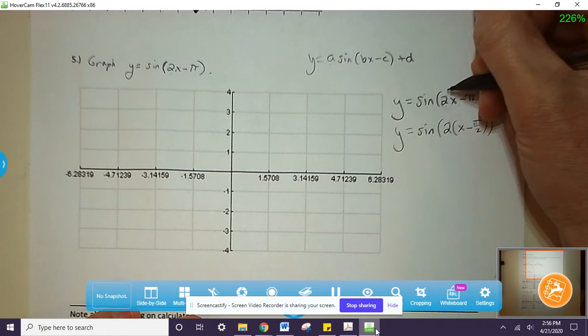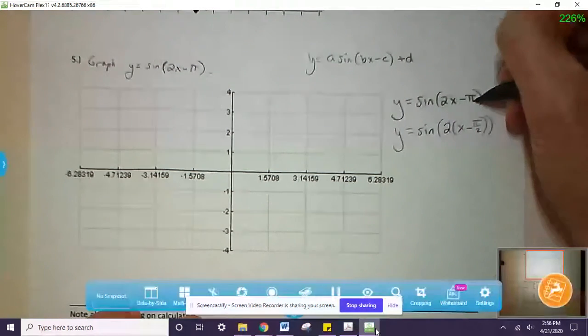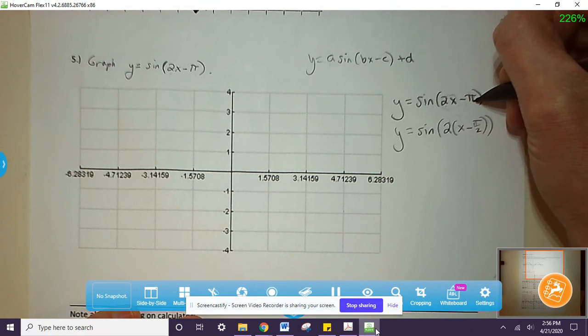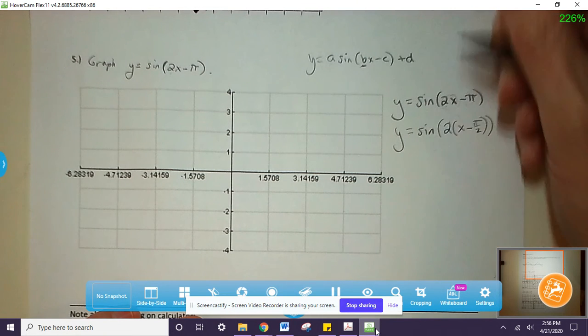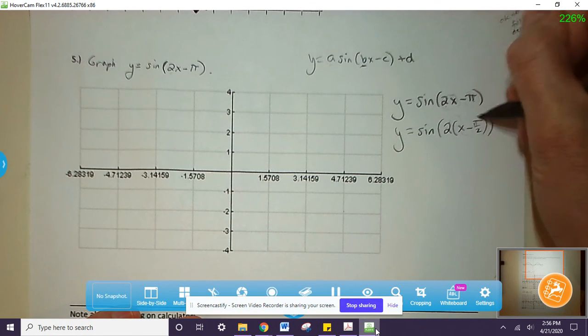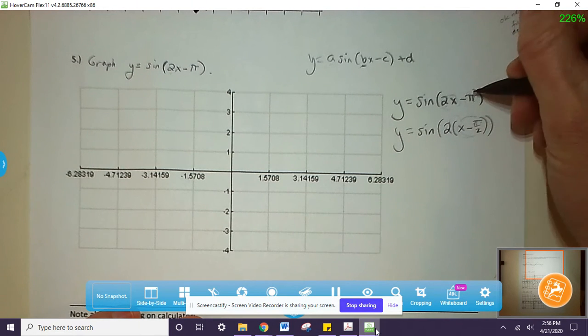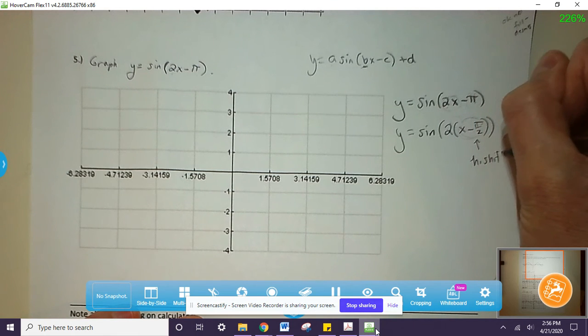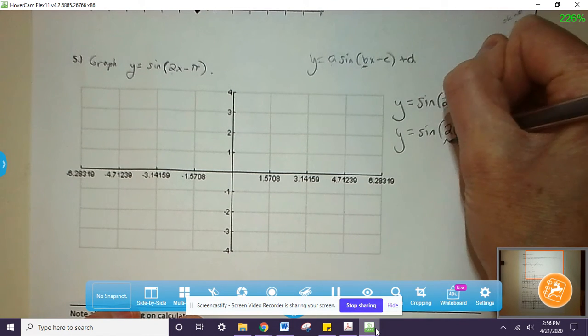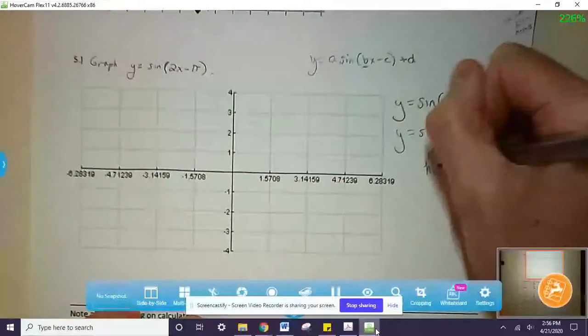So when you combine a horizontal stretch or shrink and a horizontal shift to graph it properly, you actually have to factor that, what I'm calling b, in front of the x and the horizontal shift. So the horizontal shift here is not actually pi to the right. The horizontal shift is pi over 2. And this right here is going to cause a horizontal shrink.